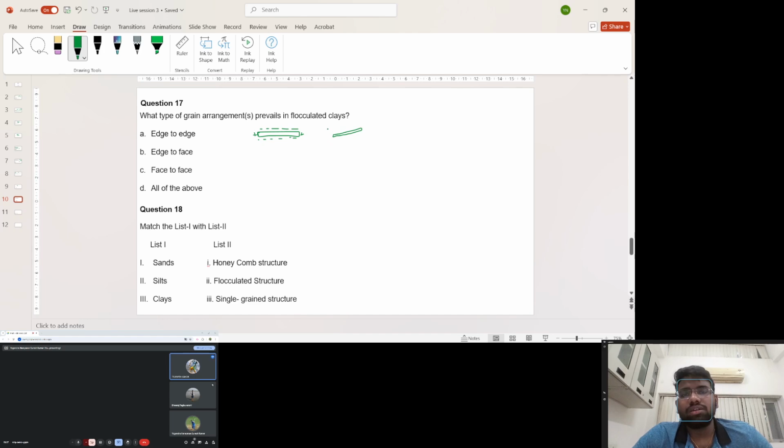So the flocculated structure will be essentially like this, because the face contains negative charge and the edge contains positive charge.